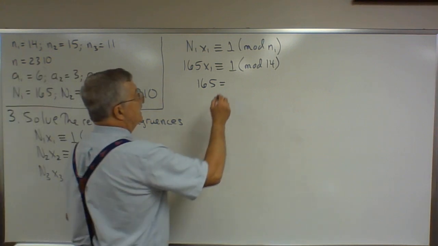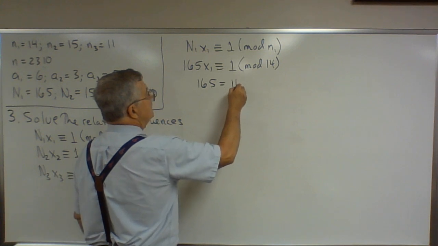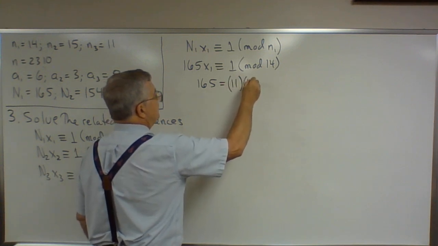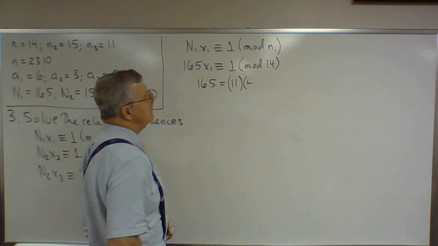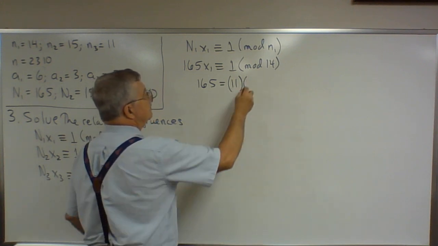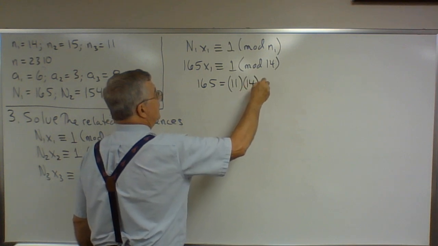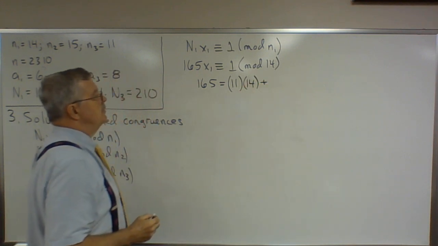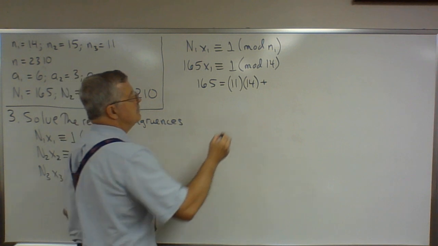That's as big as we can get. Okay. So 11 times 14 gives me 154 with a remainder of 11.